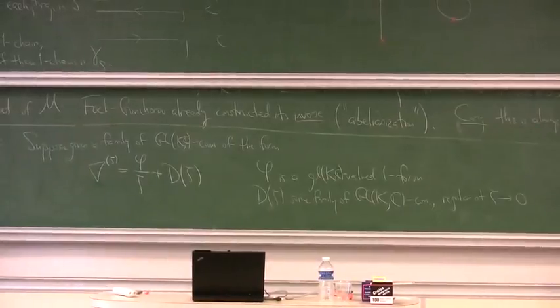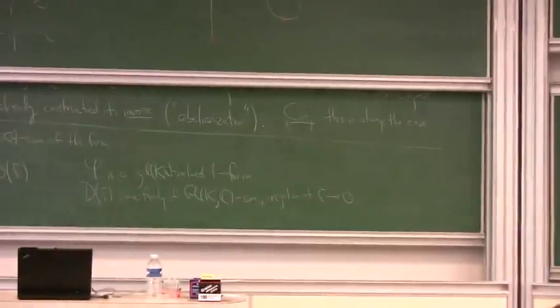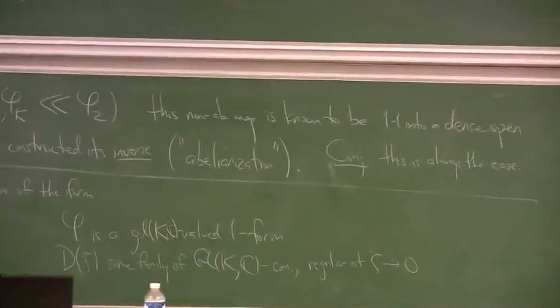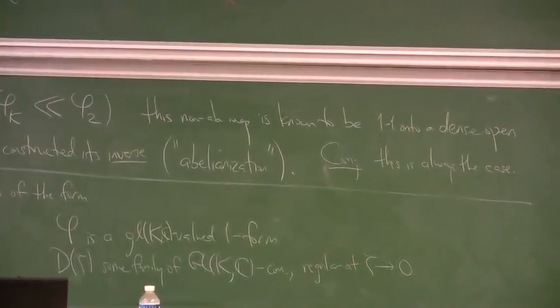So the standard analysis of, so what do you want to do? What you want to do is to study the flat sections for this connection, but in the limit where zeta goes to 0.